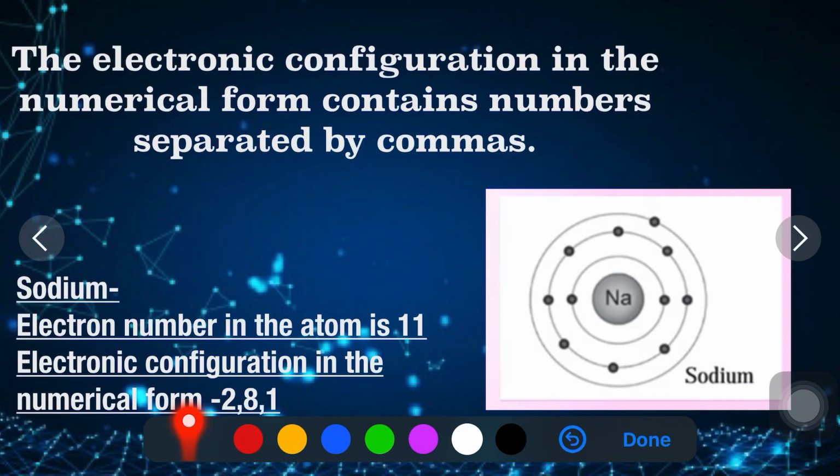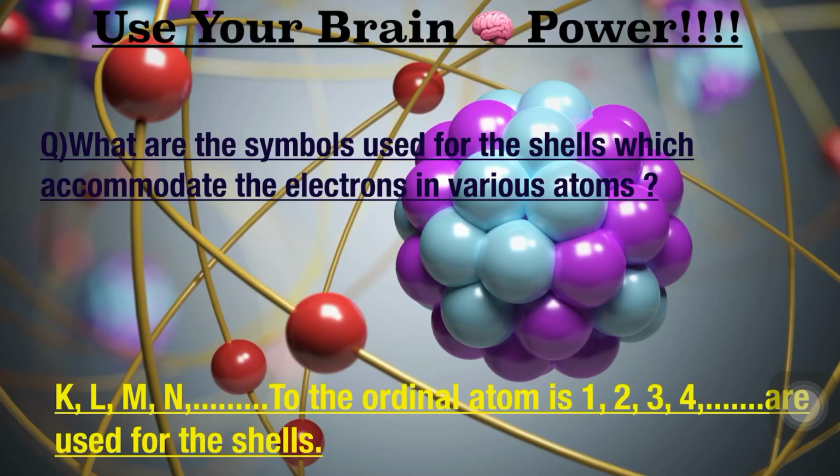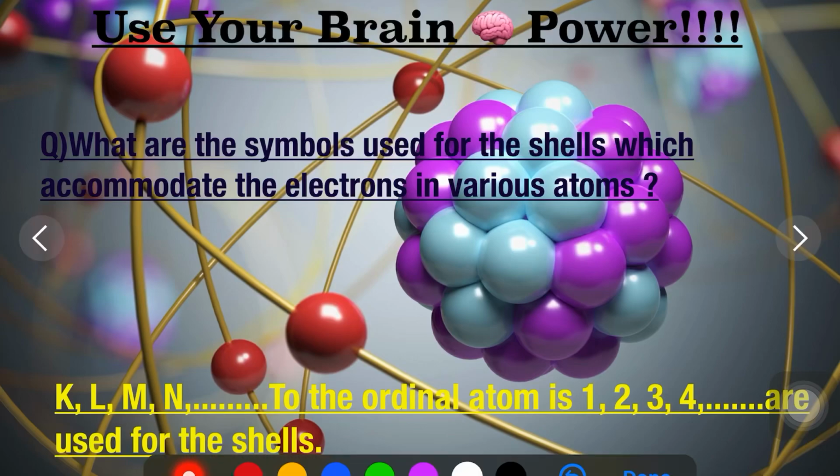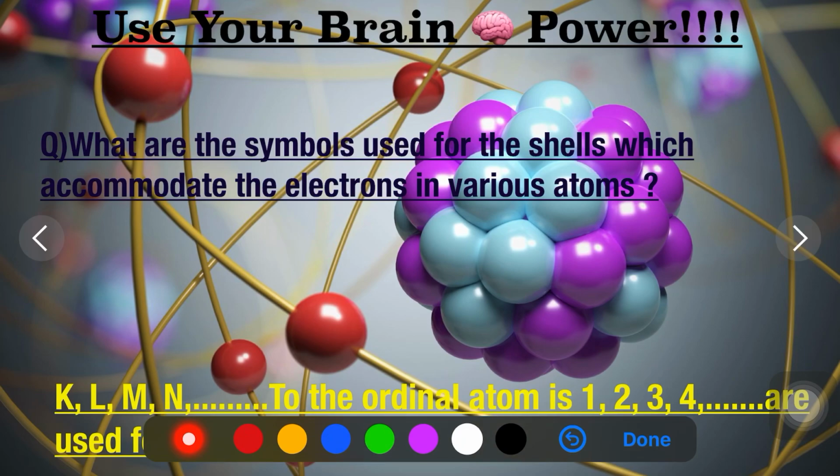Students, let us begin with the next topic, that is valence electronic configuration. Before beginning with this topic, let us answer some questions. For this, I want you to use your brain power. Think and then see what the answer is.